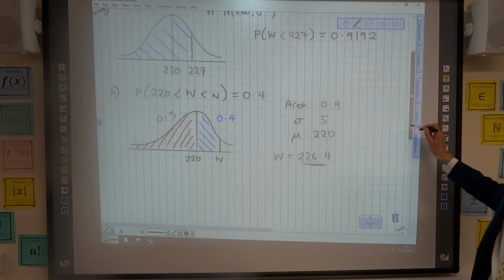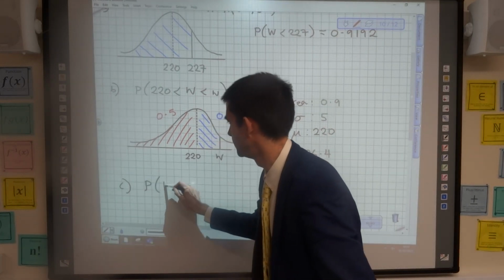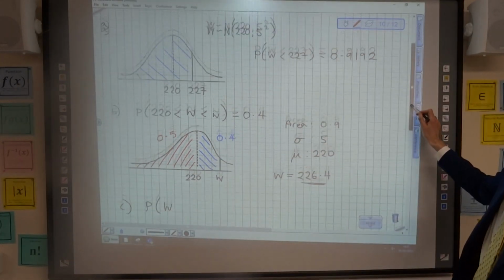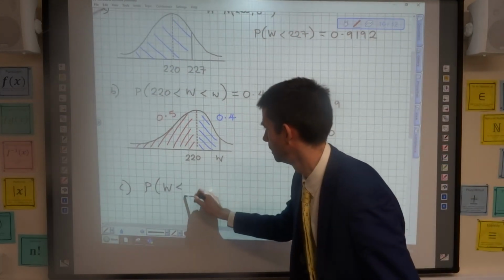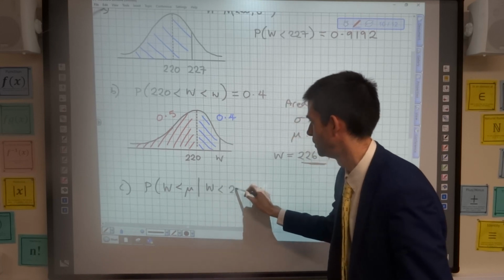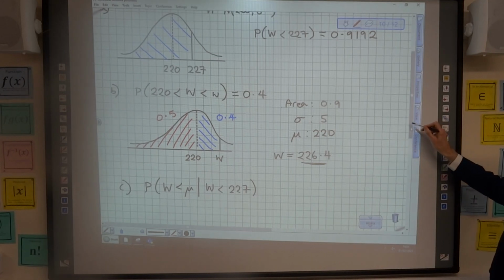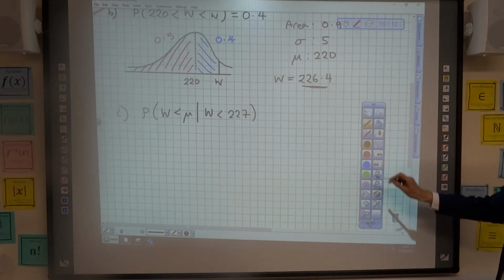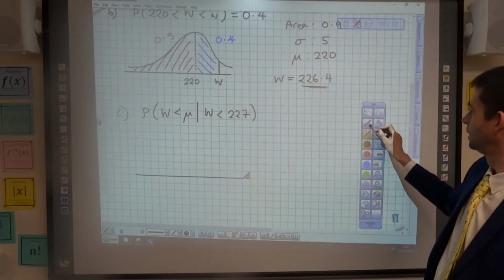Right, then part C. The probability that W is less than the mean, given that W is less than 227. So I'm going to draw another of the same normal distribution, each new question, new diagram, so you've got uncluttered thoughts.